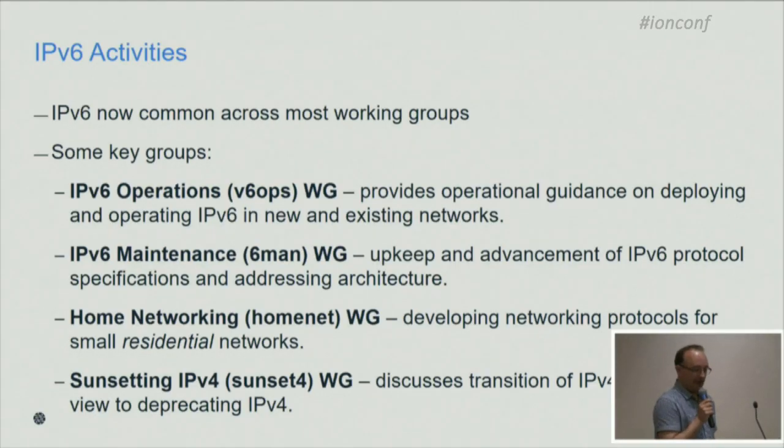But just to pick out some key groups worth following, there's the IPv6 operations working group, which is about providing operational guidance on deploying IPv6 in new networks. Already mentioned the IPv6 maintenance group. This is really keeping the upkeep and advancement of IPv6 protocol specifications and addressing going.